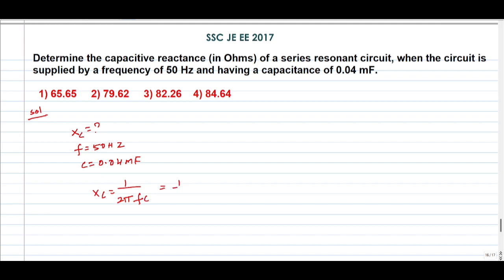So if you substitute this, 2 into 3.14 into frequency 50 and the capacitance value 0.04 into 10 to the power of minus 3, if we solve this, we will get 79.621. So the value of Xc is 79.621. So the answer is option 2, 79.62. Okay, this is the answer.